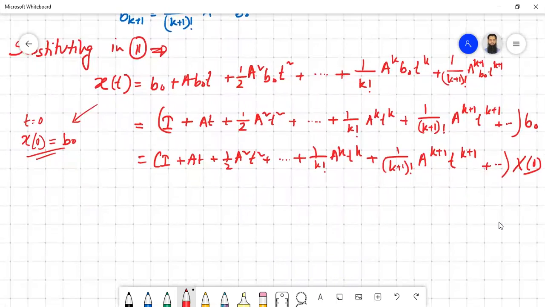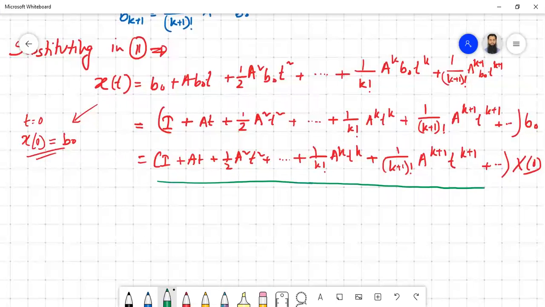Okay, now this parameter here is something similar to expanding e to the power At.